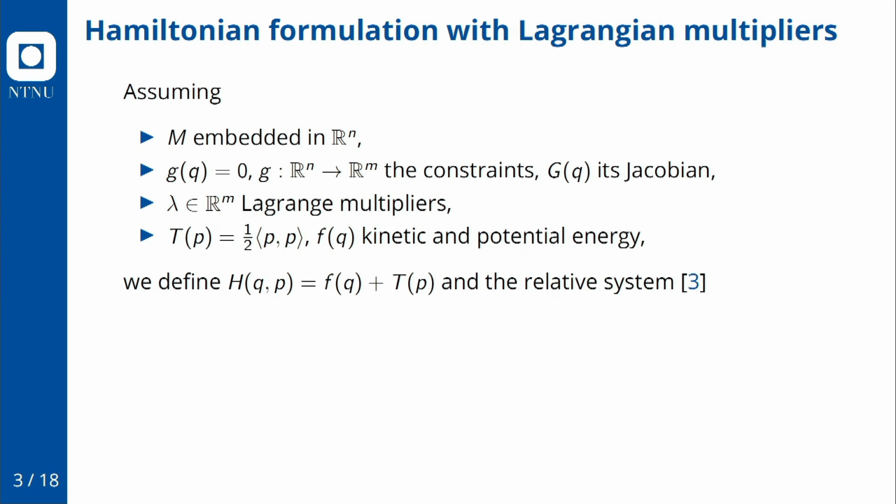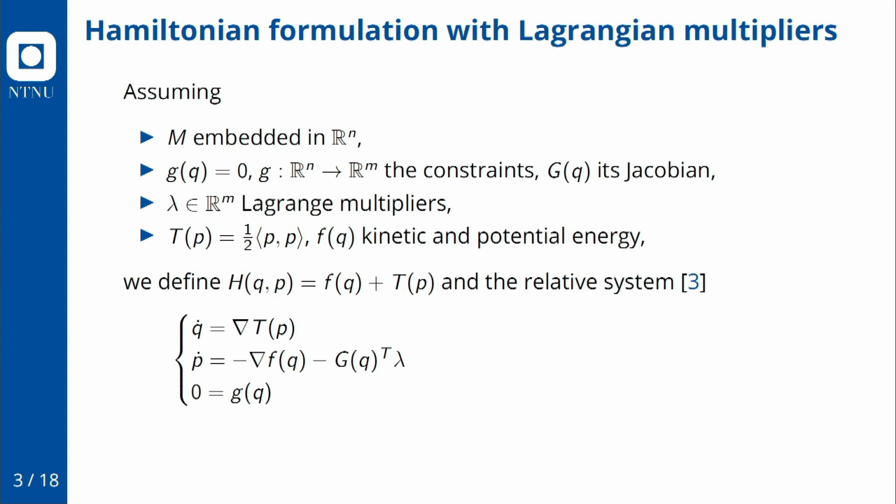Summing them up, we obtain the total energy of the system, also known as the Hamiltonian function. It is separable because we can separate what depends on q and what depends on p, and it is also associated with a vector field, which is the one you see in this system.